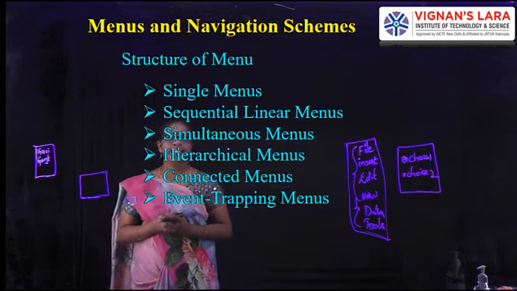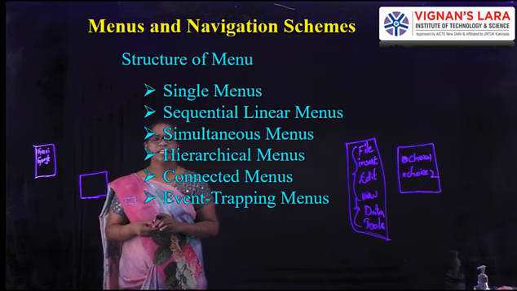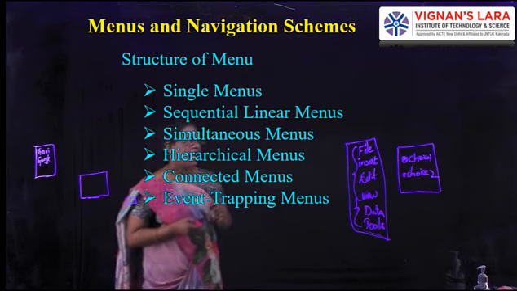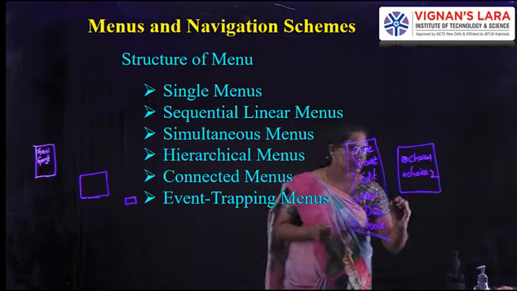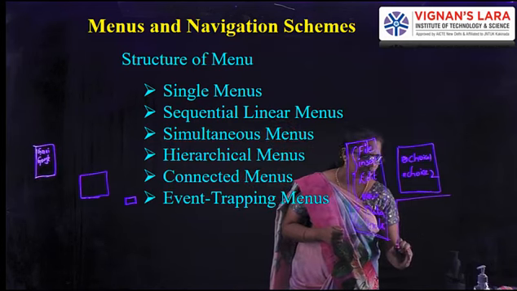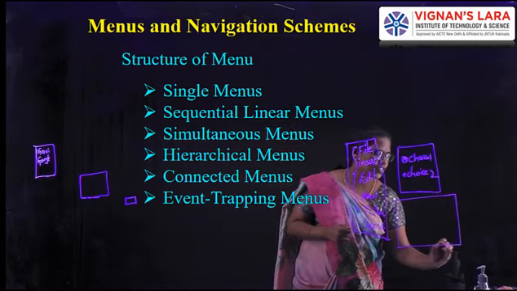The next one is the sequential linear menus. Sequential linear menus are nothing but having some menus placed in one box.